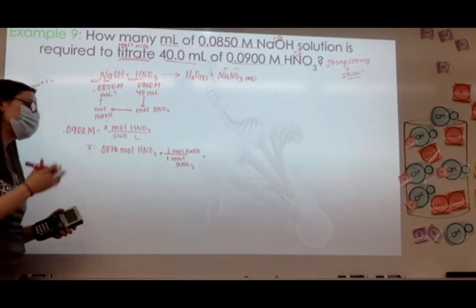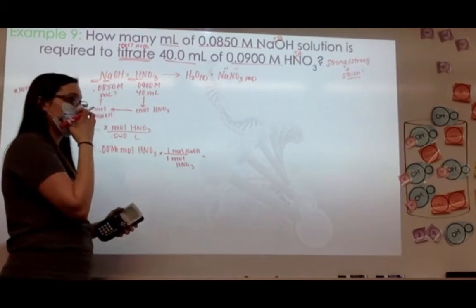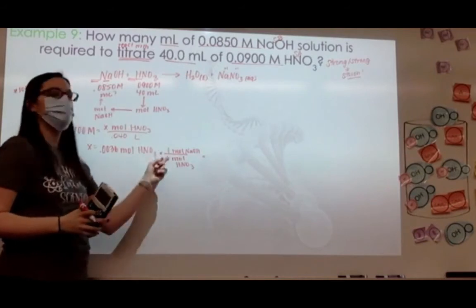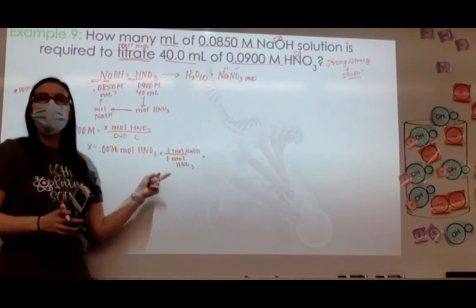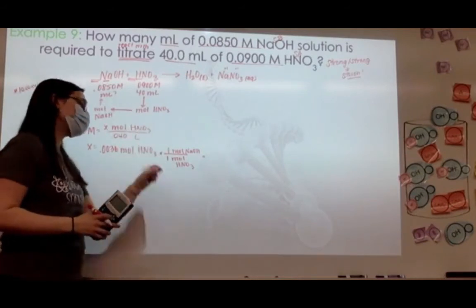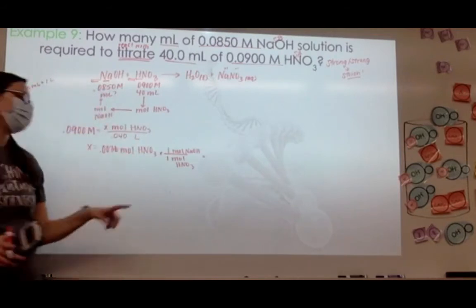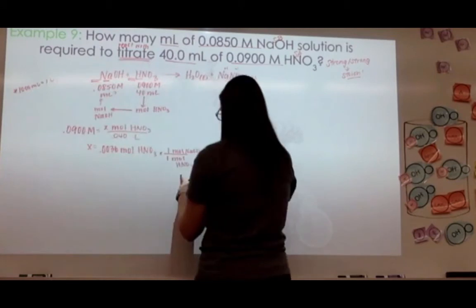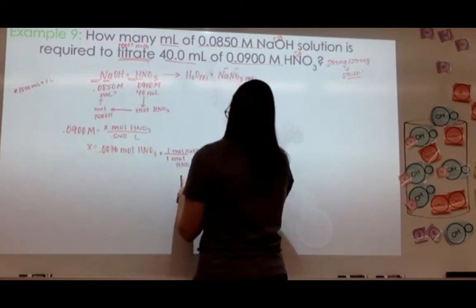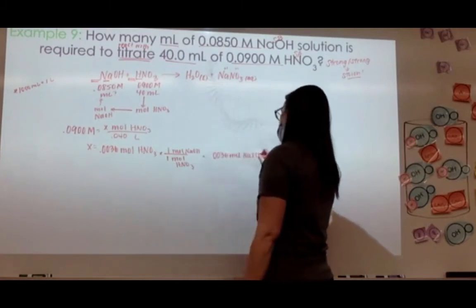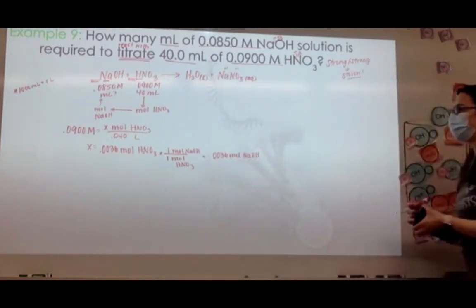But there was a question like this on the AP test a couple of years ago with the free response, and you had to show this to get one of the 2 points. So even if you just write a note that says, 1-to-1 acid to base ratio, you had to show this somehow to get the 1 point. That means that we have 0.0036 moles of NaOH.